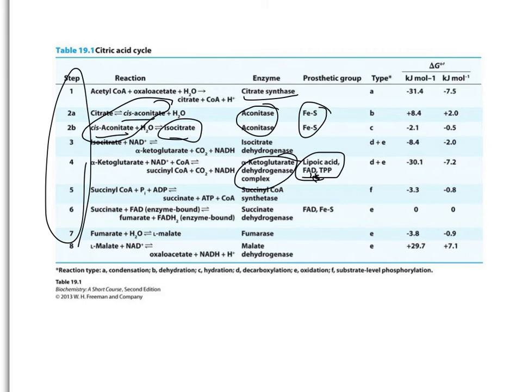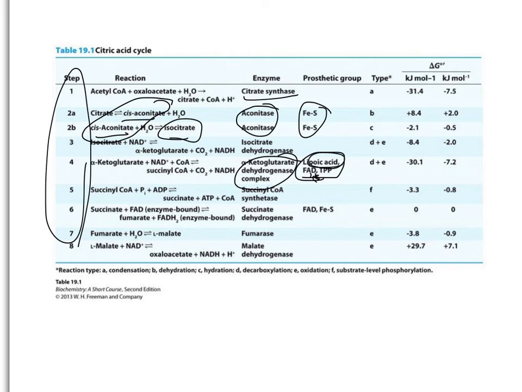dehydrogenase complex. And so even though I'm not asking you to know the specifics of that reaction mechanism, I am asking you to understand that it has a similarity to the pyruvate dehydrogenase complex, and I may ask you to compare the two in terms of just generalities.